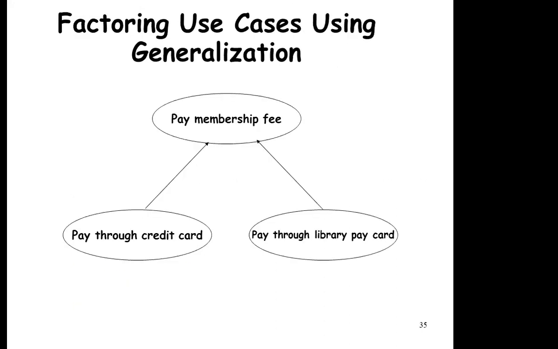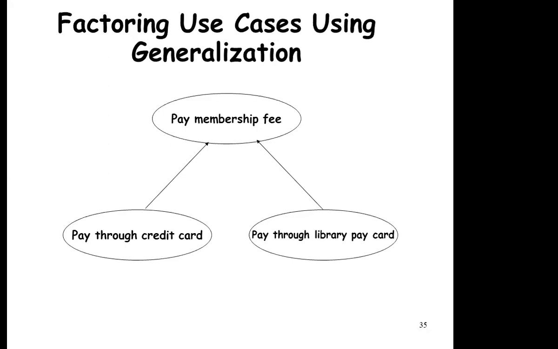So, factoring use cases through generalization. I will show you this. One person has to pay. One is paying through credit card.